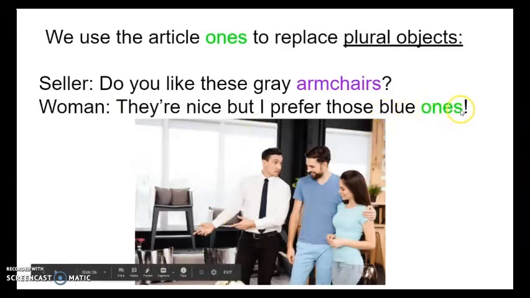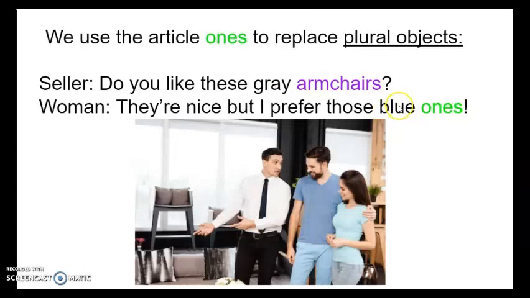In this case, blue ones is referring to armchairs but not gray, the blue, right? The blue ones. In order to not say, I prefer those blue armchairs, well, in English, it's not good if you repeat the same noun. In this case, you have to use the article ones.